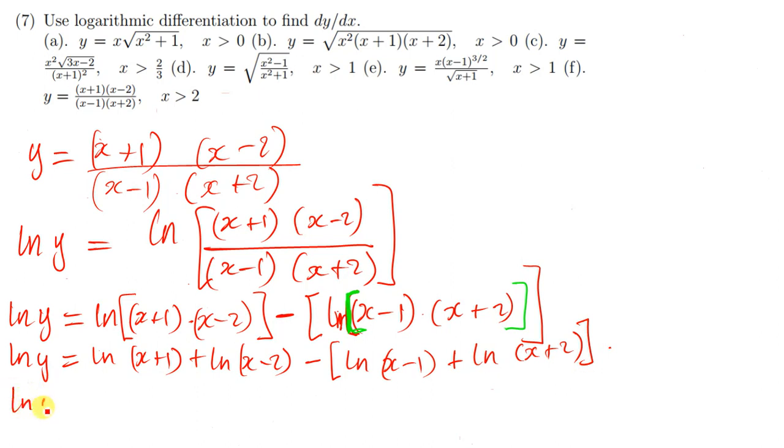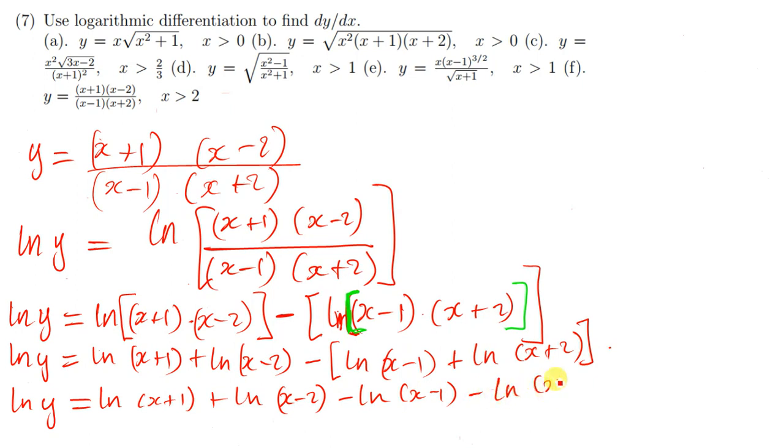So we simplify this further: ln y is equal to ln x plus 1 plus ln x minus 2, then negative times that, we have negative ln x minus 1, then negative times positive ln, we also have minus ln x plus 2.